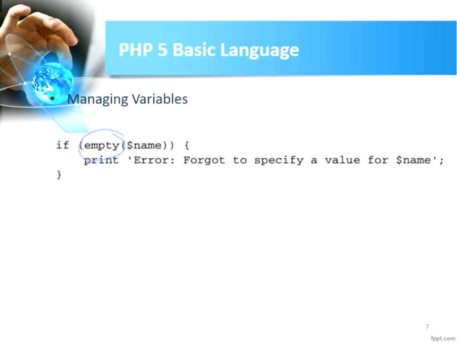A variable is considered to be empty if it does not exist or its value equals false. I repeat: the function empty determines whether a variable is considered to be empty. A variable is considered empty if it does not exist or if its value equals false. Is it clear?